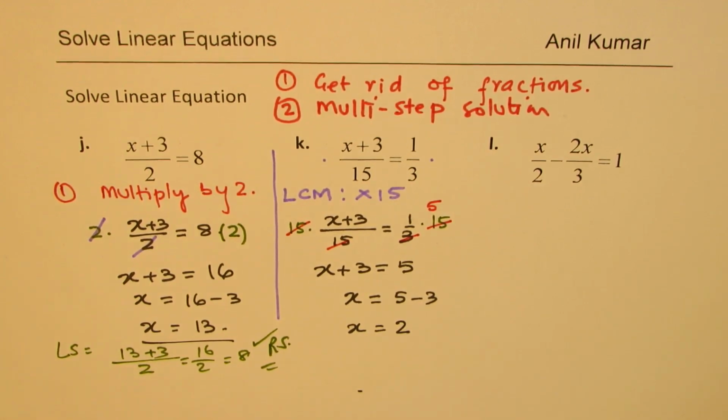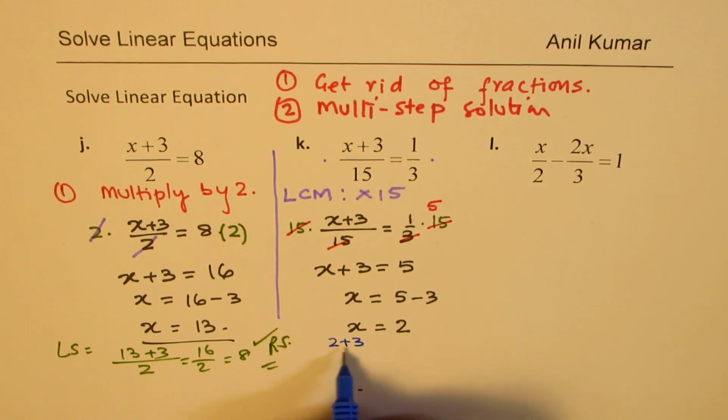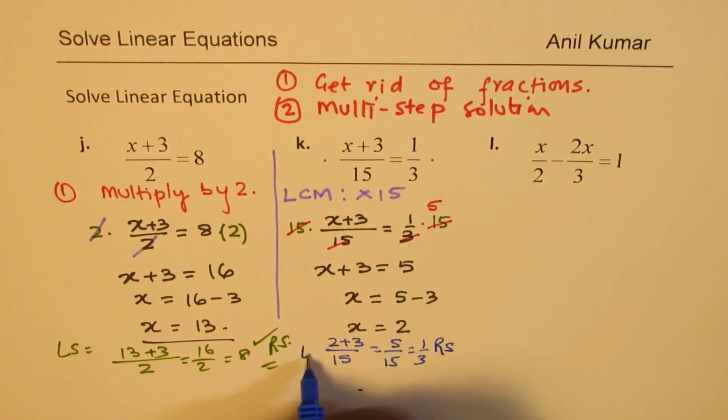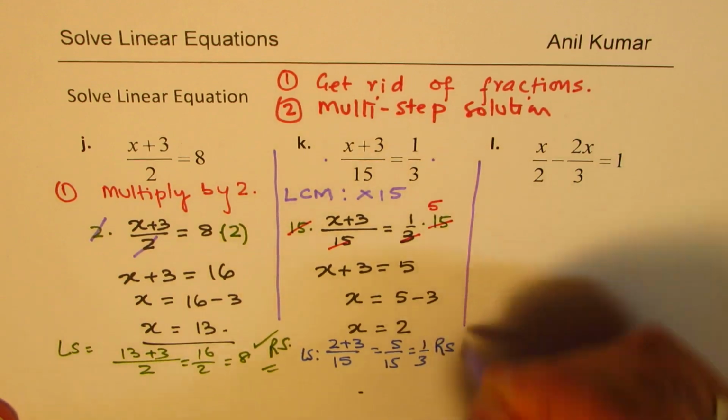Correct? If I replace x with 2, let's check. We get (2 plus 3) over 15, and 2 plus 3 is 5. 5 over 15 is indeed 1 over 3, which is the right side. So again, left side equals right side, so our equation is properly solved.